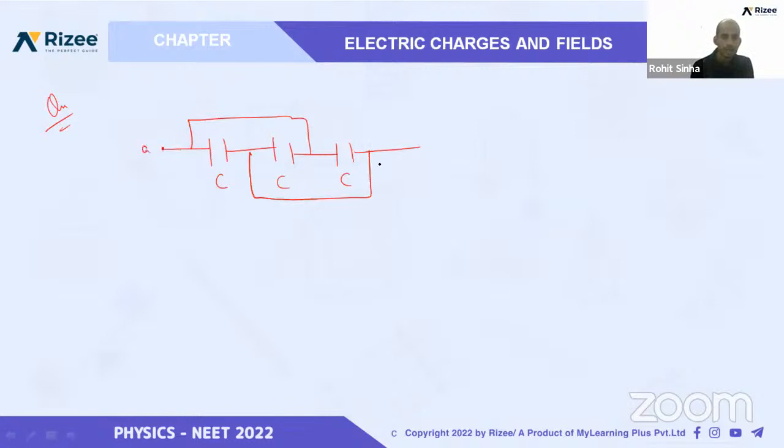Here it is A, it is B. Okay, we have to find the equivalent capacitance across AB.